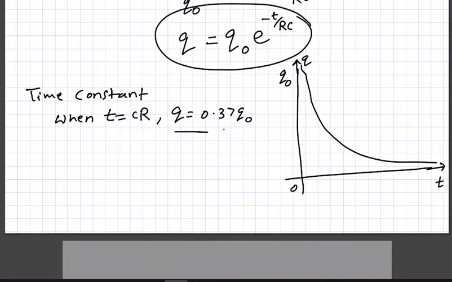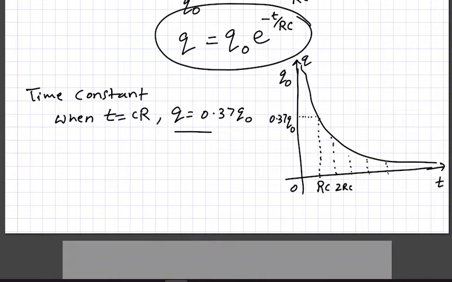So that happens to be somewhere here. So this is 0.37 Q naught, and then here the time RC, and then you have 2RC, 3RC, 4RC, 5RC.